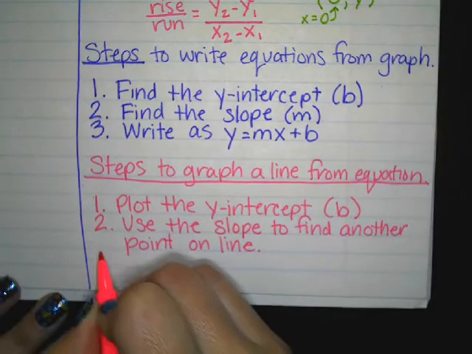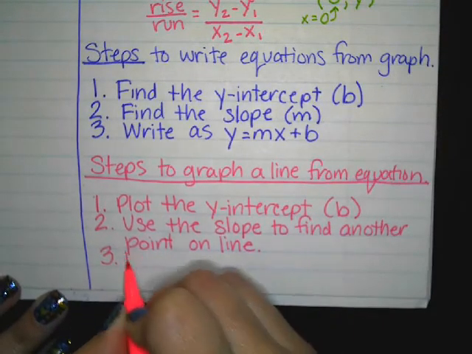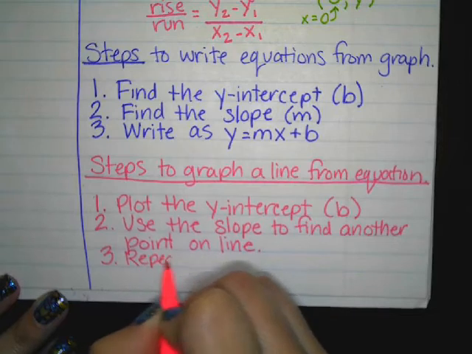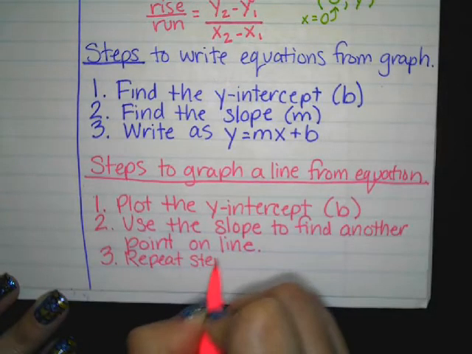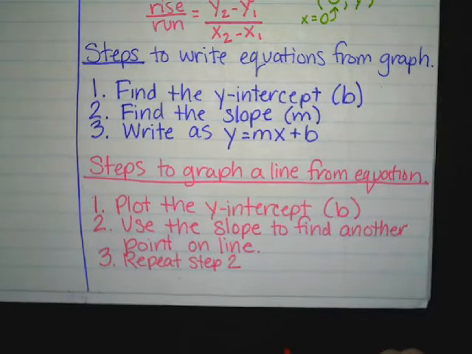The third step is to repeat that. Repeat step 2 to find some more points on the line, because the more points you have, the easier it is to draw your line.